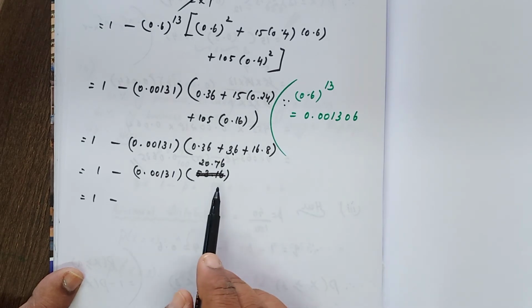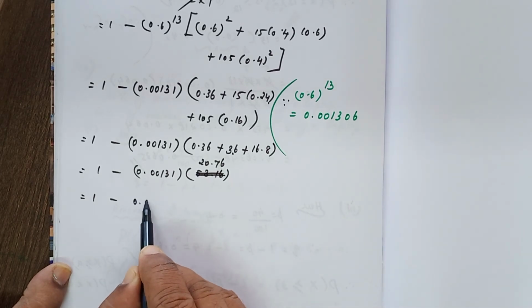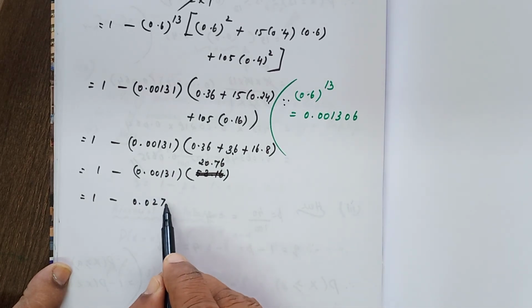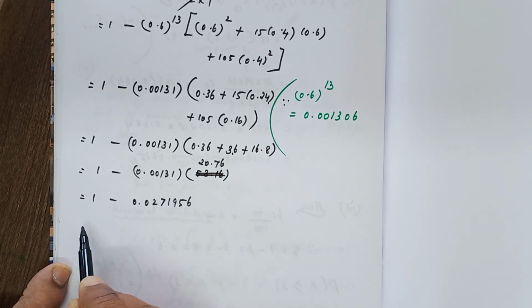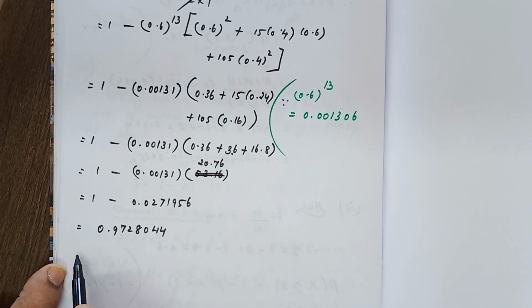20.76. Now you have to multiply these two: 0.00131 into 20.76 is 0.0271956. Now you have to subtract, so I will get 0.97280044.